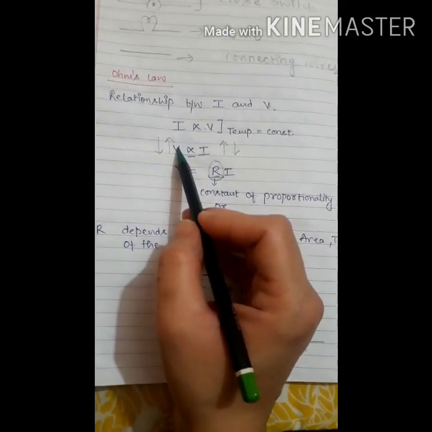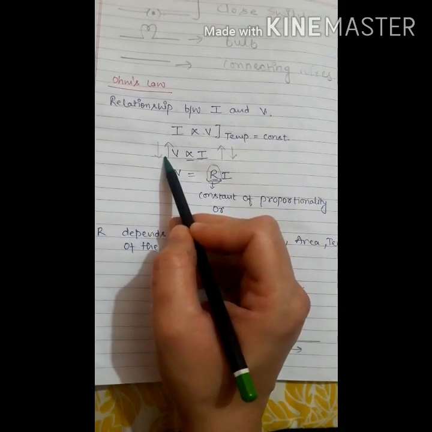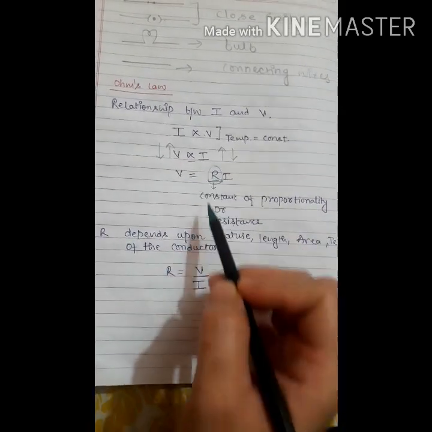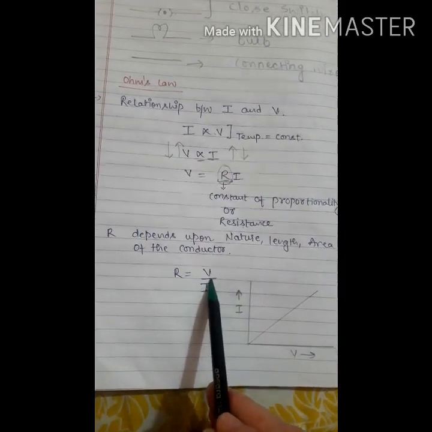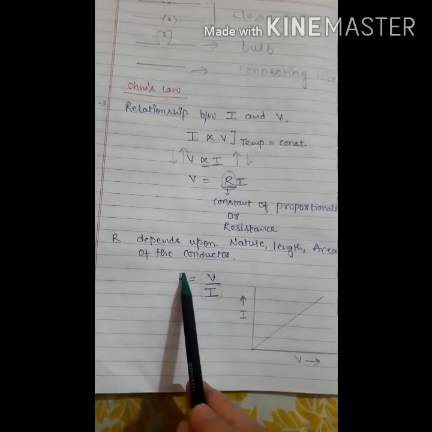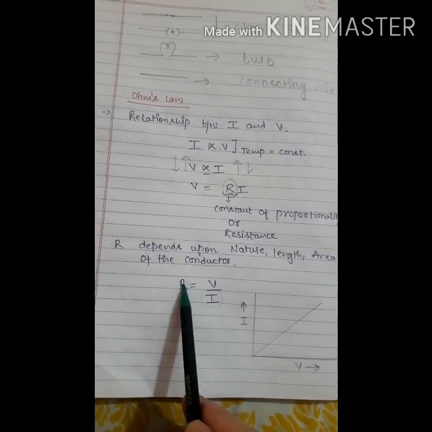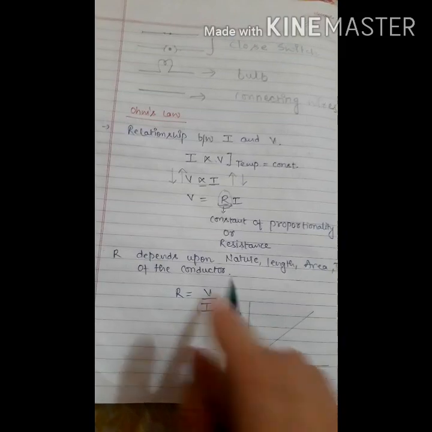If we increase the voltage, then current also increases. If we decrease the voltage, then current also decreases. Whereas in case of current, when the value of current increases, then resistance decreases, or when the value of current decreases, then resistance increases.